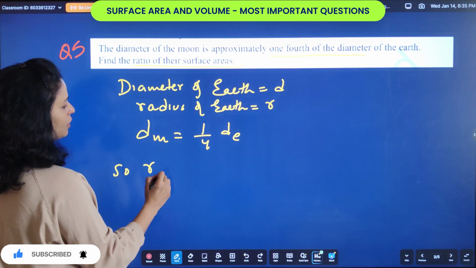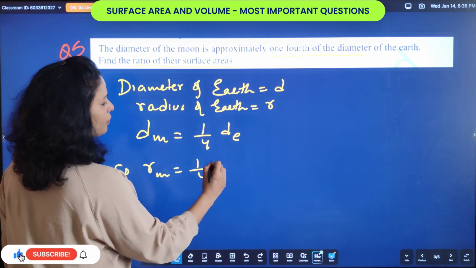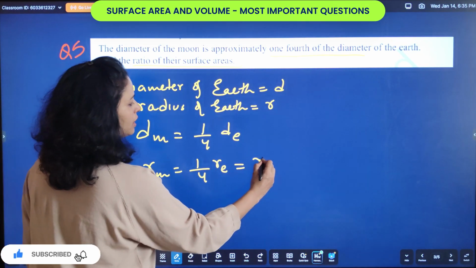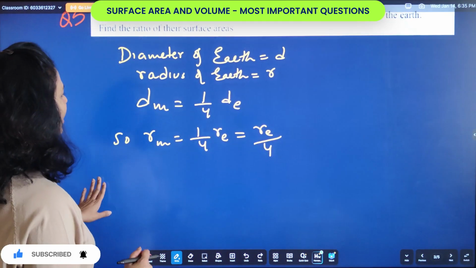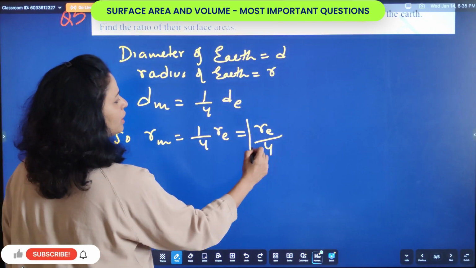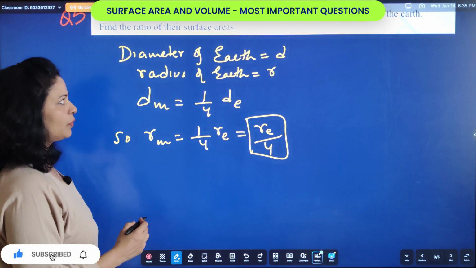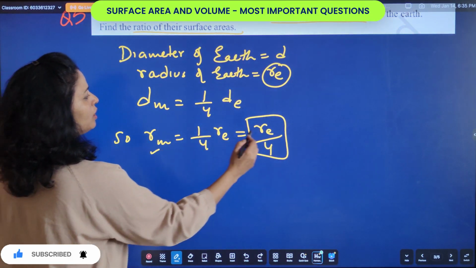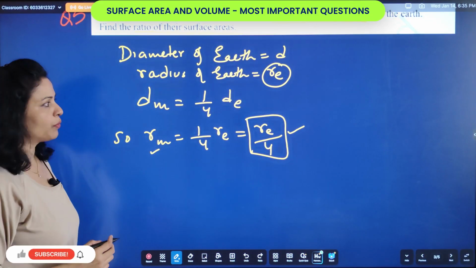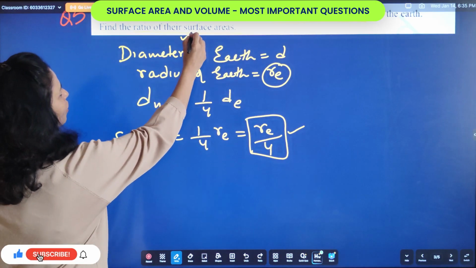So we can say radius of the moon is 1/4 of radius of the earth. We can write it as RE by 4. Okay. So now we have radius of the moon value in terms of radius of the earth. Now radius of the earth is RE only. Radius of the moon we got RE by 4. Okay. Now ratio of the surface area.